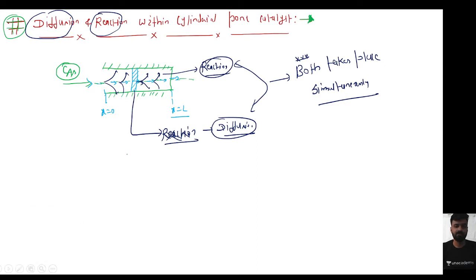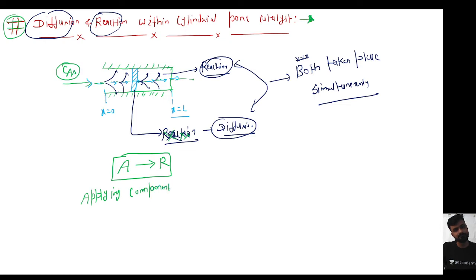Okay, so next thing is what happens over here, my dear student, as reactants enter, both the reaction and diffusion take place simultaneously over here. Okay, so what happens over here, I am assuming a reaction A is getting converted into R, where A is the reactant and R is the product. Now if we apply the component balance, what will happen, my dear student?